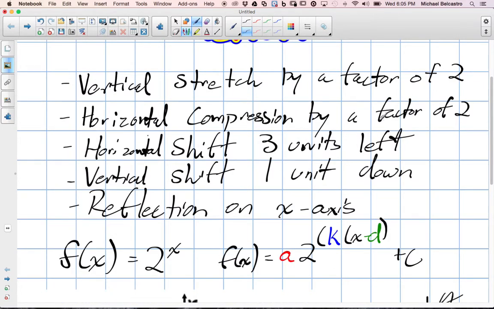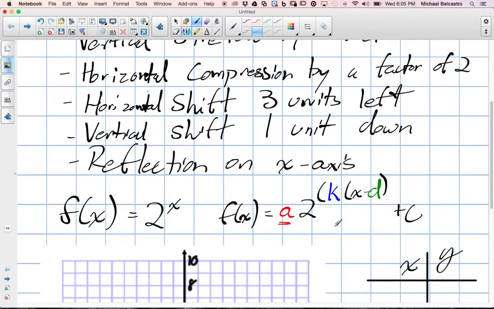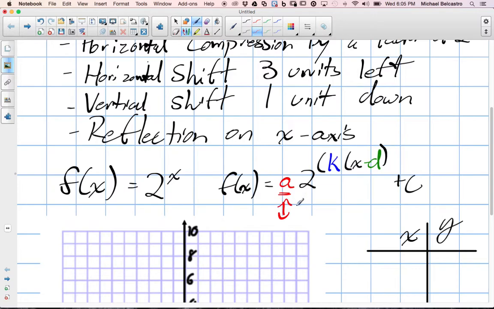So we can quickly talk about what each of these letters do, and then maybe what we'll do is figure out which of these parameters refers to which letter in our function. The A and the C deal with vertical. Everything is vertical about them. The A will deal with a vertical stretch or compression, and it also deals with a reflection on the x-axis. Does that make sense to you? Yeah?